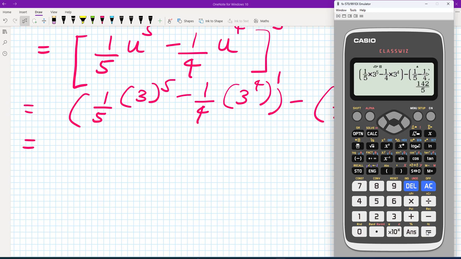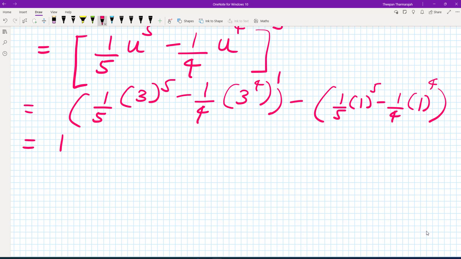And that gives me 142 over 5. I always prefer a fraction as opposed to a decimal.